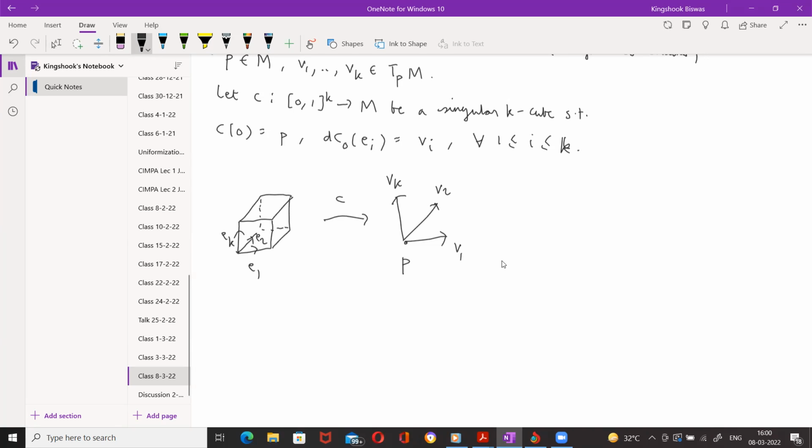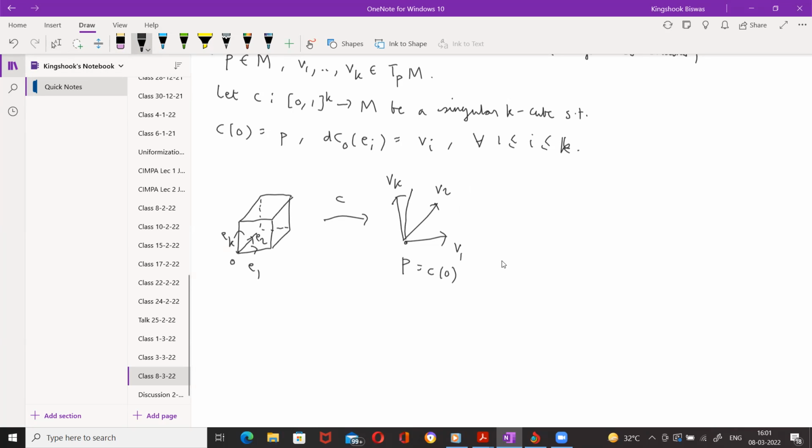This is the origin, this is in M and P is C(0). And so the image of the cube will look something like this. Bad drawing, let me try again.